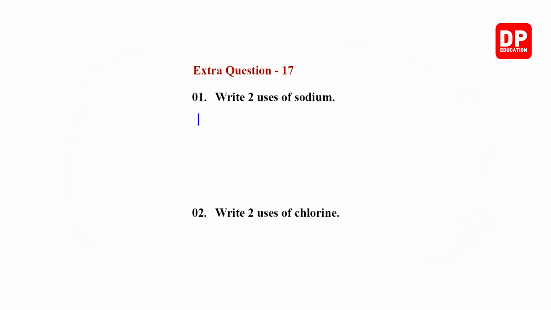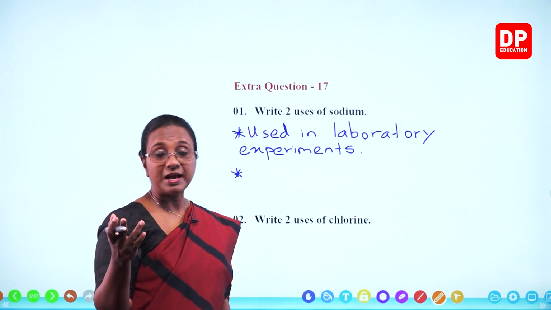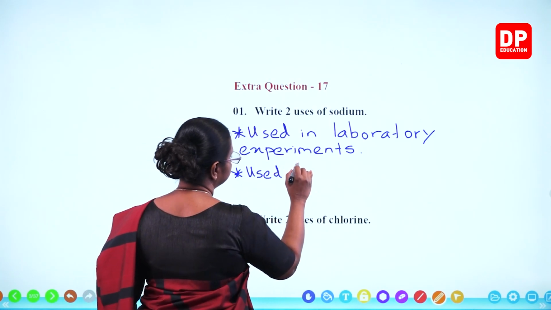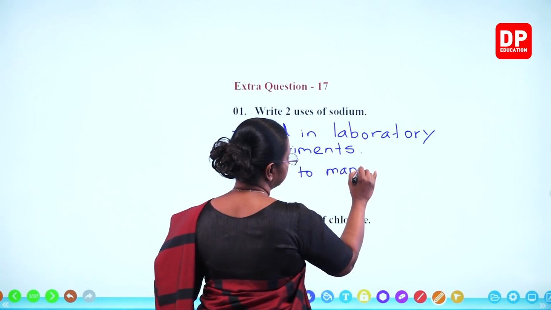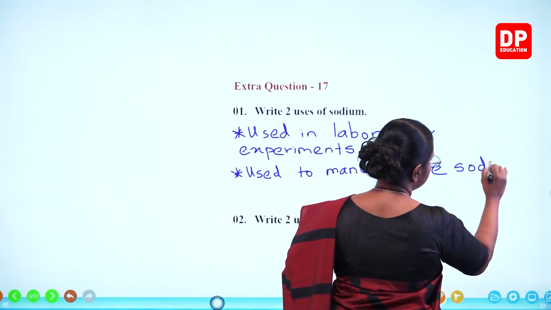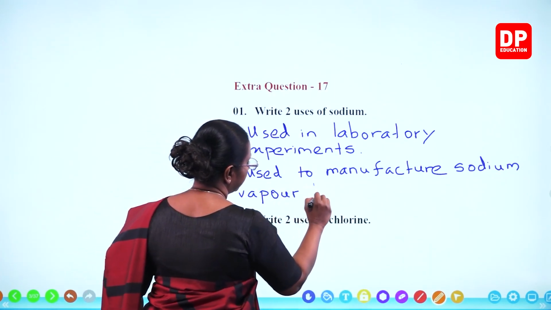So here I will say used in laboratory experiments. Then we can say used to manufacture sodium vapor lamps.